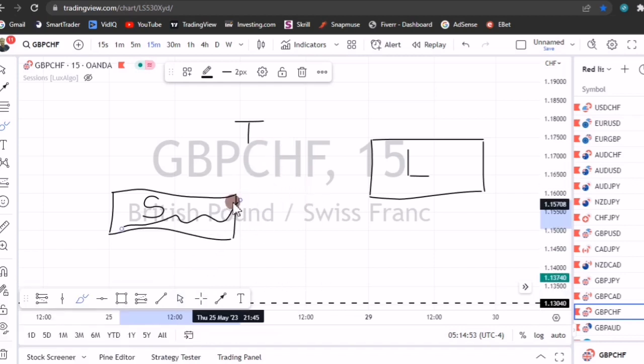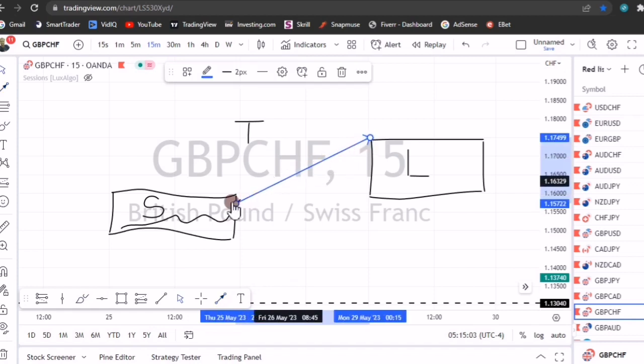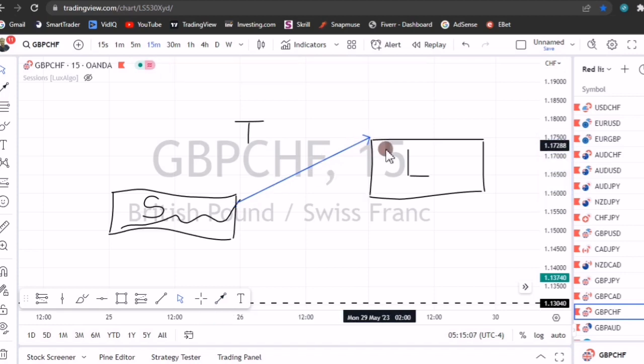So the moment price comes out of Sydney, let's say price trends upwards, okay? When it comes out of Sydney, it trends upwards. What happens is that when the London session opens, it moves price in opposite of what happened in Tokyo, okay?